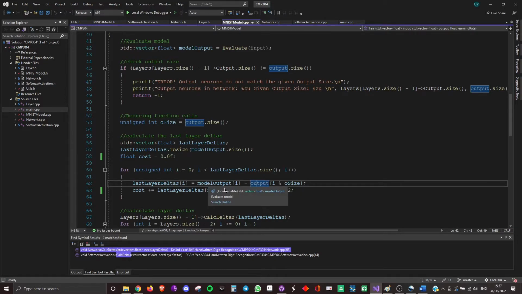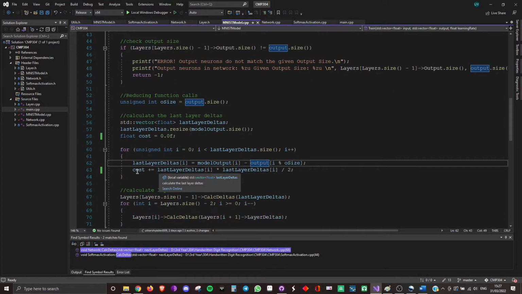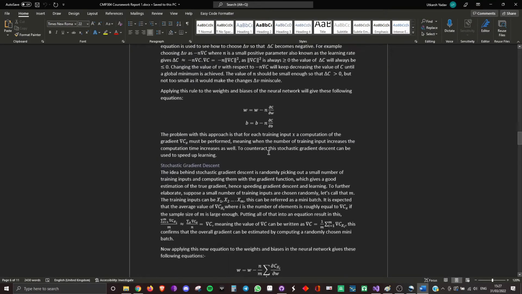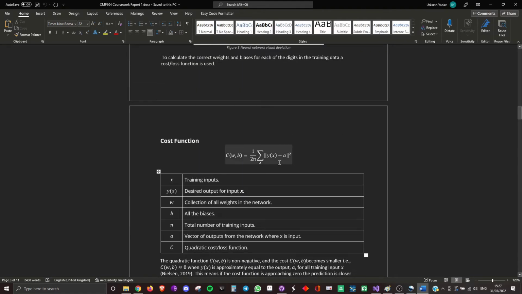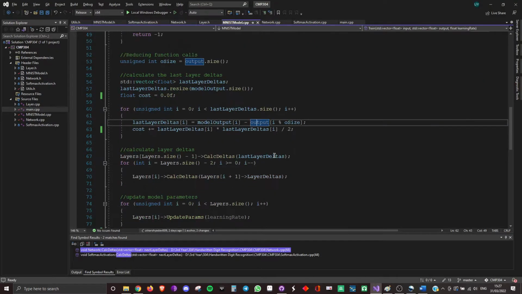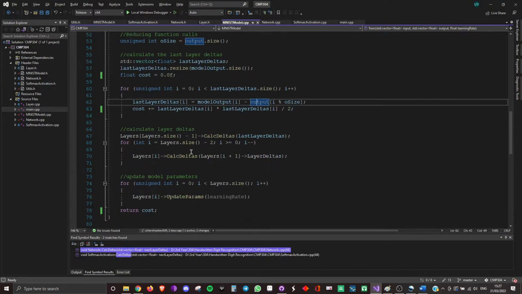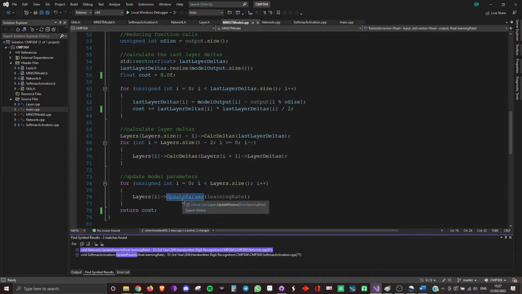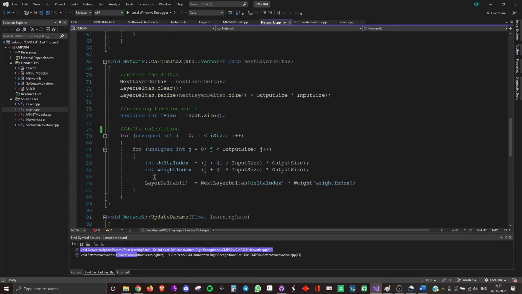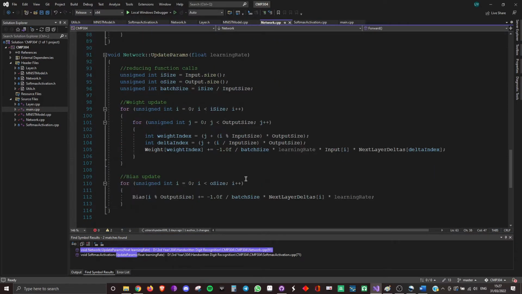So the last layer delta is calculated by subtracting the model output from the labeled output, which is then calculated in the cost function, which is the delta squared divided by 2, similar to this equation right over here. In network.cpp, the deltas are calculated here, and the weights are calculated here.